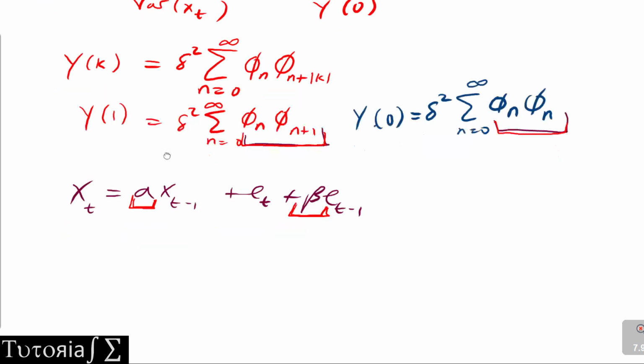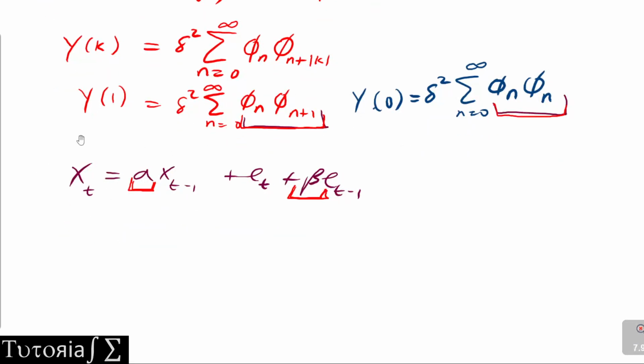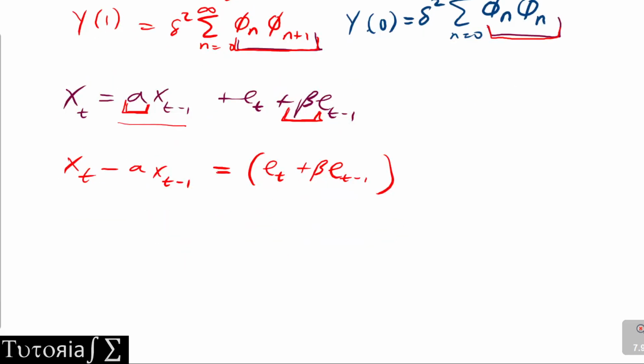So how are we going to do that? We have to convert this into an infinite sum, and we simply transpose this part so that we get x_t minus a x_{t-1} equal to e_t plus beta e_{t-1}. Now we can factor out x_t by using the backshift operator.